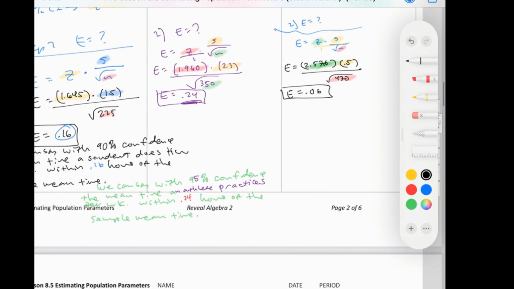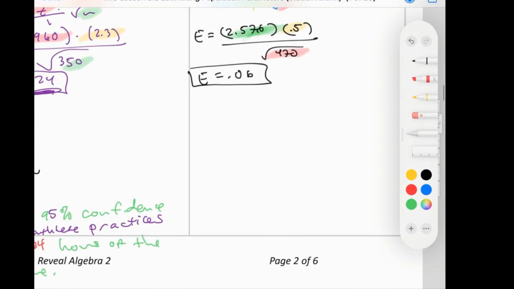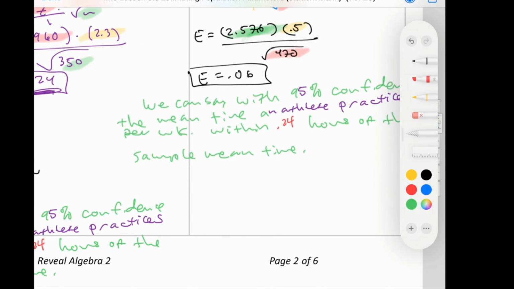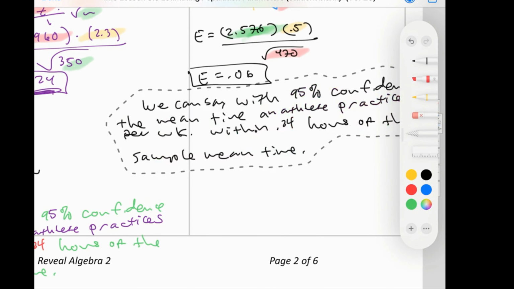Let's do some magic over here. What color do you guys like? Let's do black.